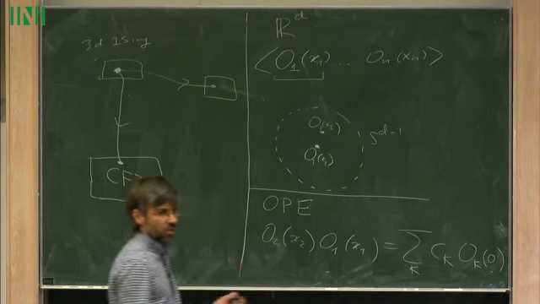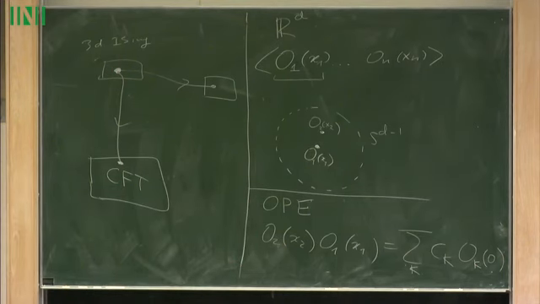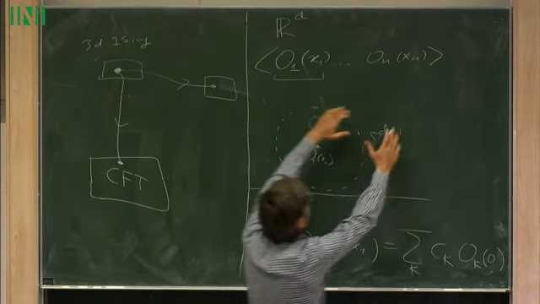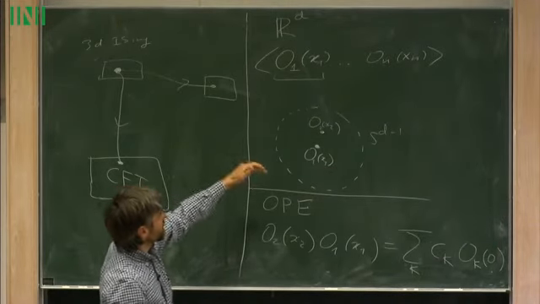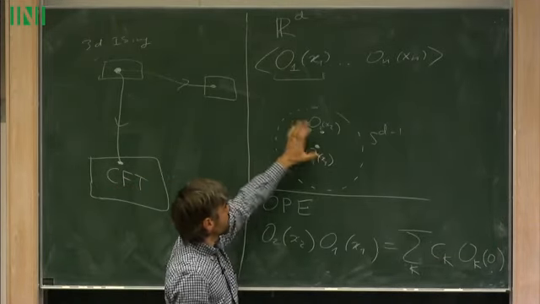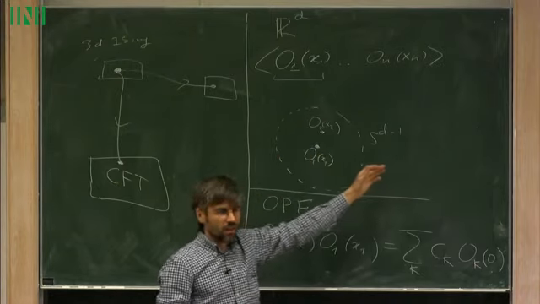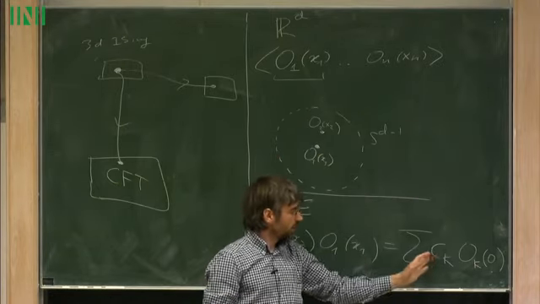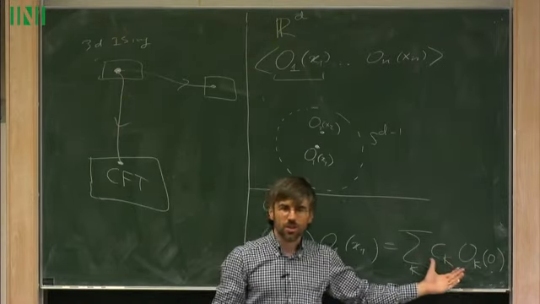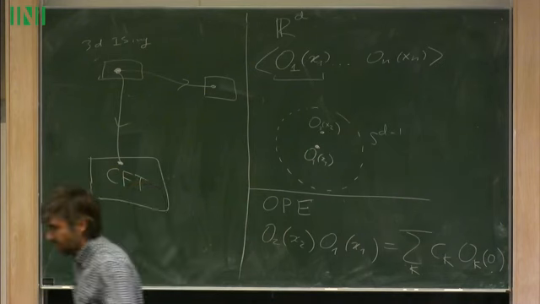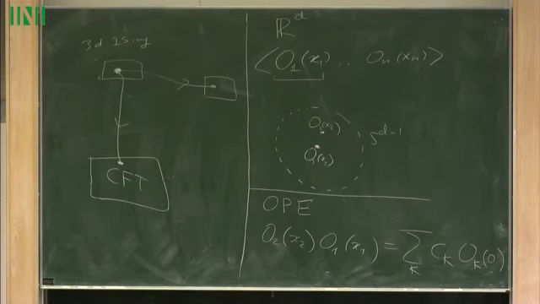So this expansion exists. And since this is an expansion between states, it means that it's valid independently of what I inserted outside of the sphere. So as long as there exists a sphere which separates these two operators from everything else, if I know this coefficient c_k, I can replace these two operators by this series inside of any correlation function. This is an axiom in this approach.